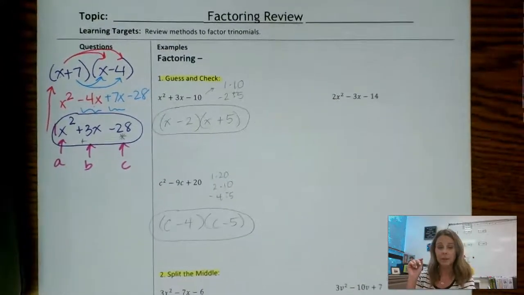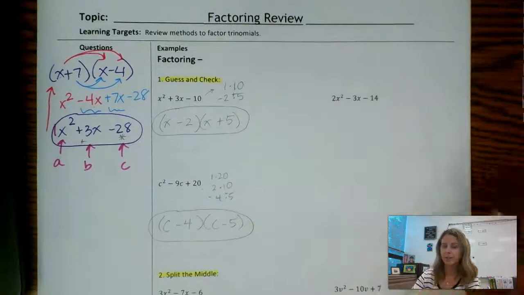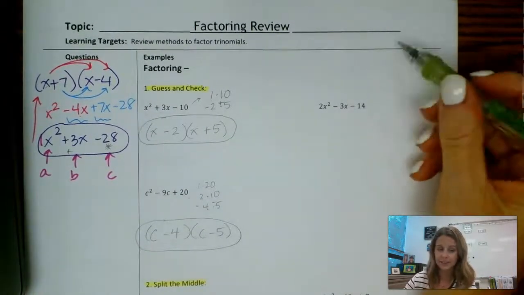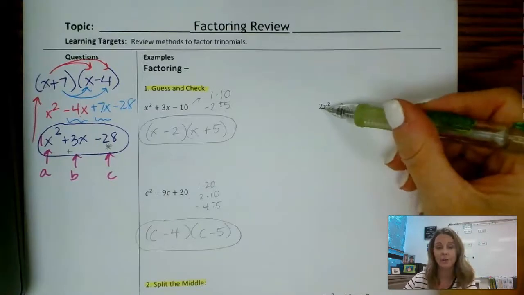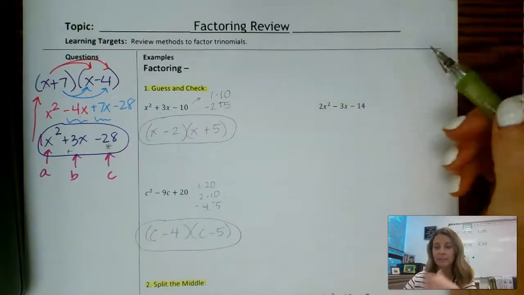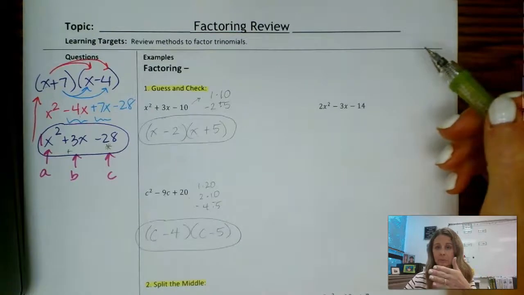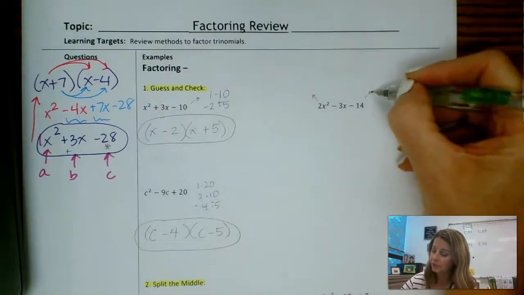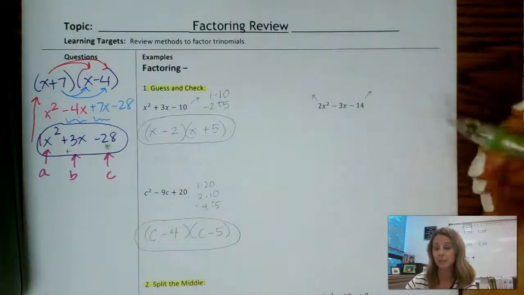Okay, on the third one here, I'm still going to do guess and check, but the main difference is I have an a value bigger than 1. So I know it's not just going to be 1x times 1x. So I need to list out factors of the 2 and of the 14, and I'll come back to the negative later.